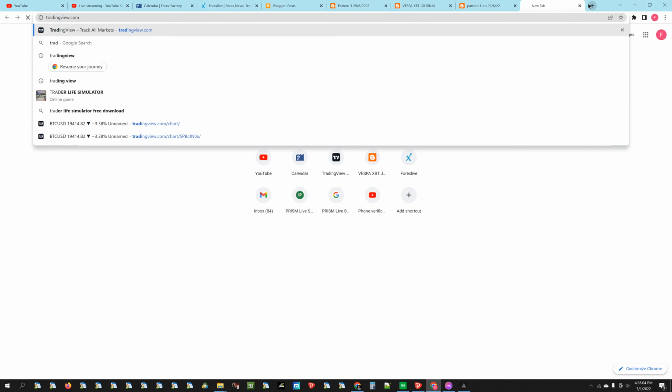Okay, I am lowering my lot size. I will execute this buy position once we start breaking above the high of the previous H1 candle. I will place my stop loss around here, 22 pips, around 4-5 US dollars.